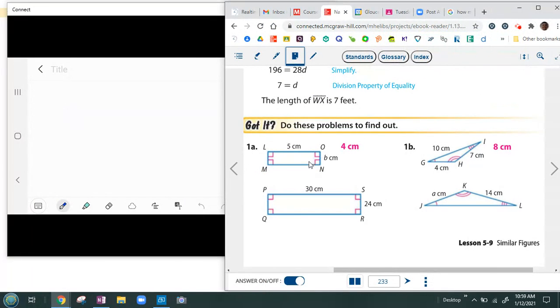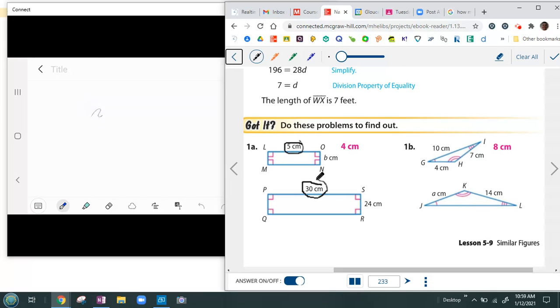All right, so I'm going to show you how to do this one. Corresponding side: it looks like this guy corresponds with this guy. So I'm going to make my ratio the smaller one to the larger one. I have this and this.